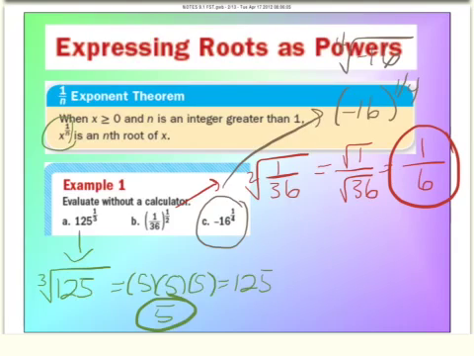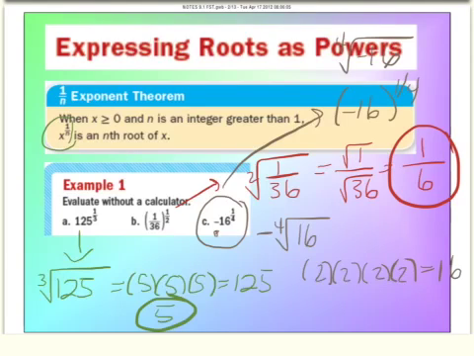Because it's written in this case, that negative is just sitting out there, so it's negative on the outside, and then it is the 4th root of 16. So what it asks you is what number 4 times is 16. The answer to that is a 2. So the 4th root of 16 is a 2. That negative sitting on the outside, so the answer is negative 2 for this particular problem.